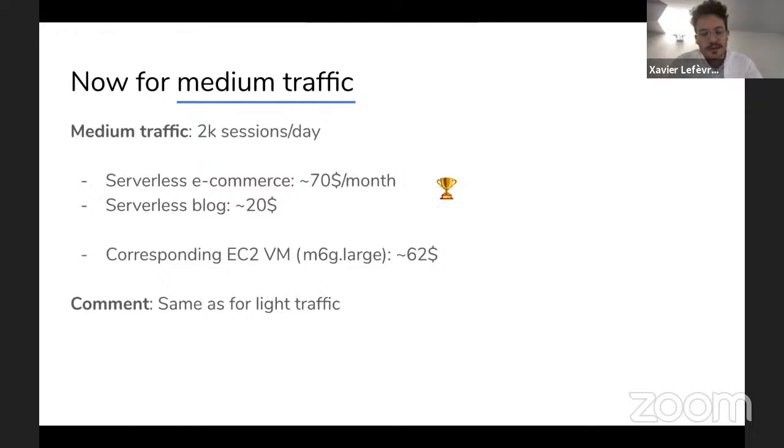And so it's never going to be enough. This VM is going to be $62 per month. So still here, as for light traffic, the prices get closer, but the added value, everything that comes pre-baked with serverless, makes it take the win. So that's quite clear for medium traffic.